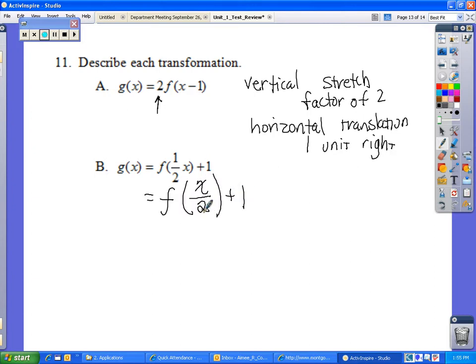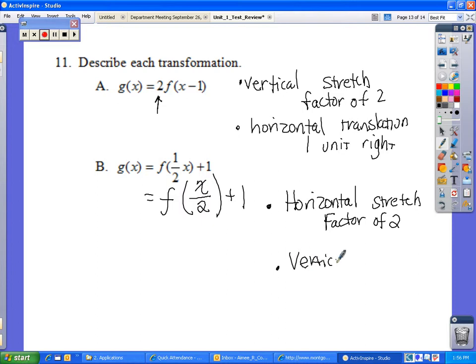So now you can see that it is a horizontal stretch by a factor of 2, and it is also a vertical translation, 1 unit up.